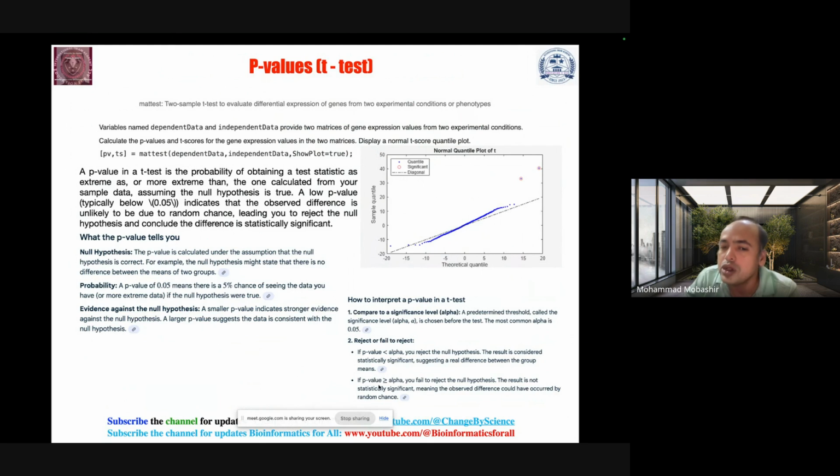If you use less than here, then you say greater than or equal to there; if you use less than or equal to here, then you say greater than. So if the p-value is greater than or equal to alpha, you fail to reject the null hypothesis. The result is not statistically significant, meaning the observed difference could have occurred by random chance.